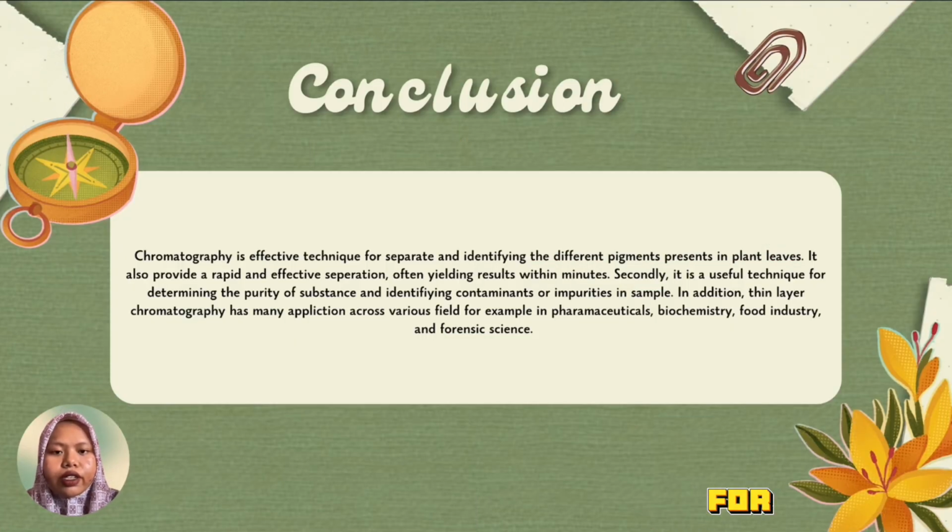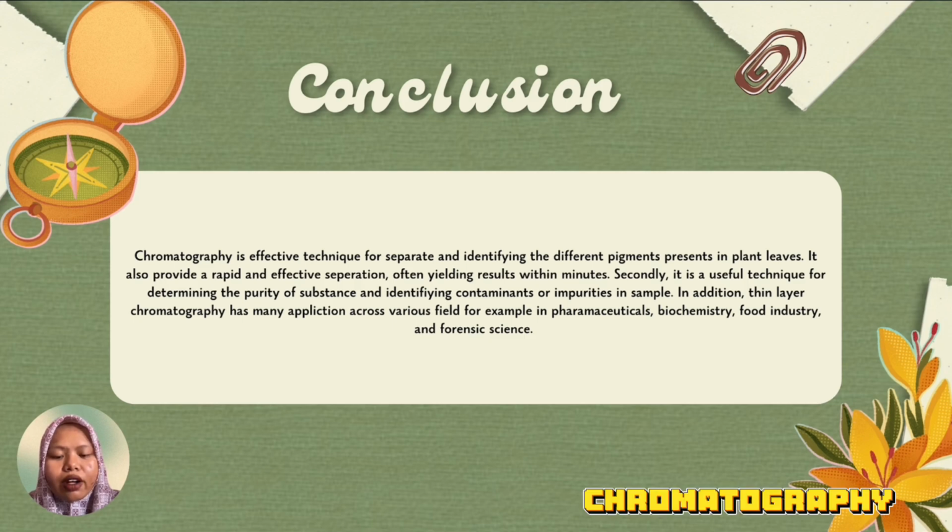For the conclusion of this topic, which is separation of plant pigments through thin layer chromatography, chromatography is an effective technique for separating and identifying the different pigments present in plant leaves. It also provides a rapid and effective separation, often yielding results within a minute.